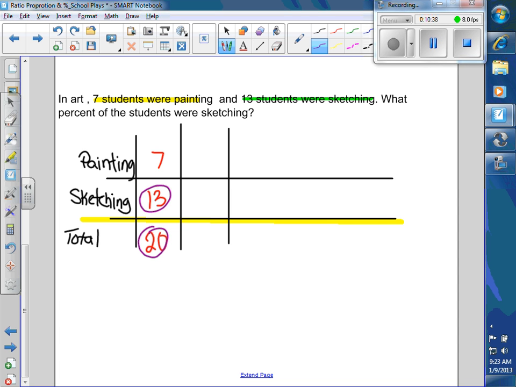Can you think of a way to get 100? Like, what do I have to do to 20? By 5, right? So if I times by 5, I get 100. So I can times both of these by 5.